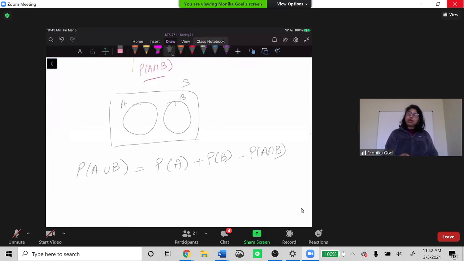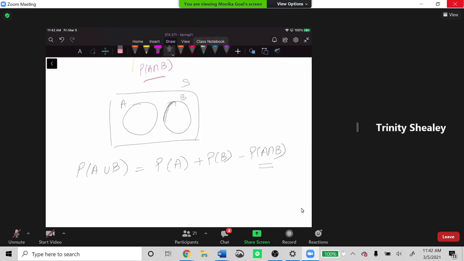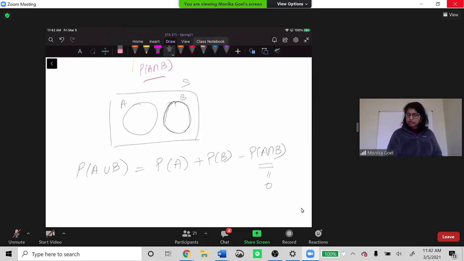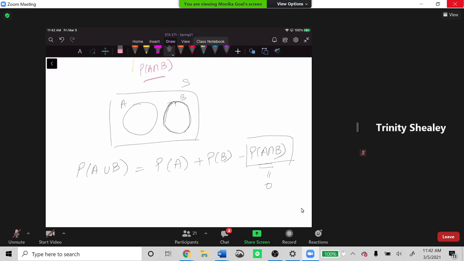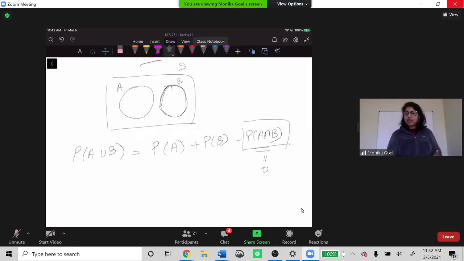When we talk about disjoint events, what is the intersection of A and B? We just discussed: zero. So what is their common part? Their intersection is zero. So if their intersection is zero, do we need to keep this part? No, because they don't have anything in common. So the addition rule for disjoint events is only their individual probabilities.